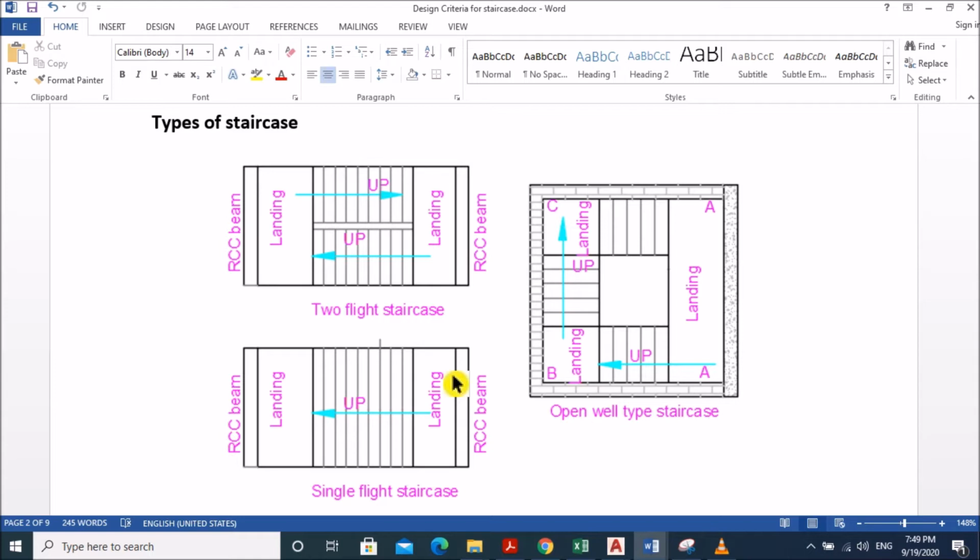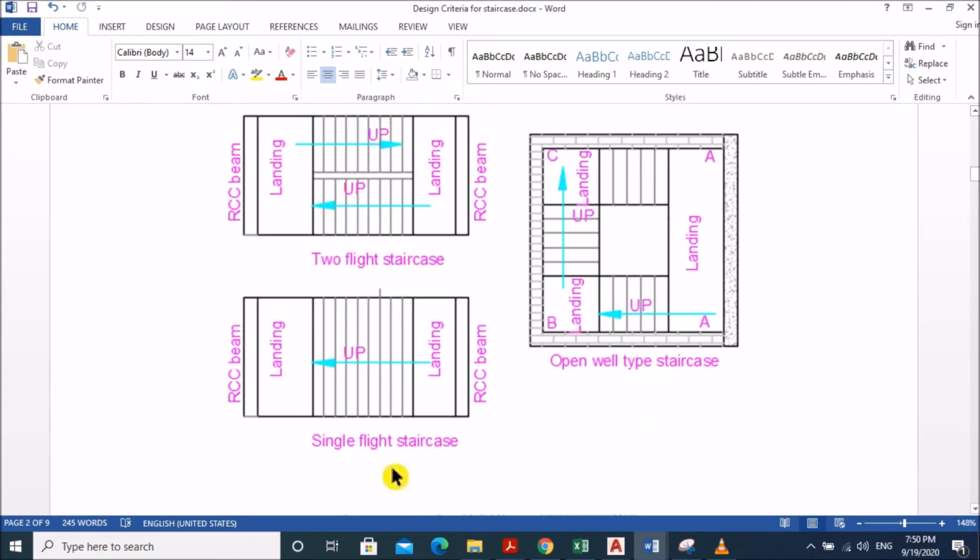Two flight staircase: this consists of two flights, one is this one and another is this one, and two landings in the story above or in the story down, which is supported by RCC beam or other type of supporting structure. This one is the single flight staircase, in which only one flight is provided.